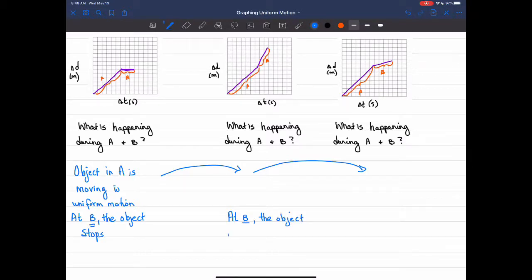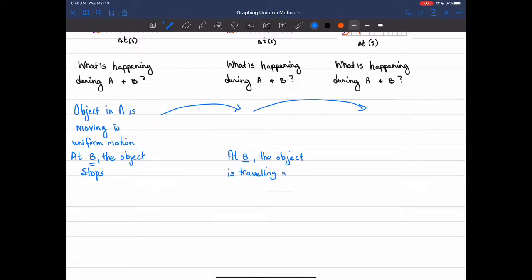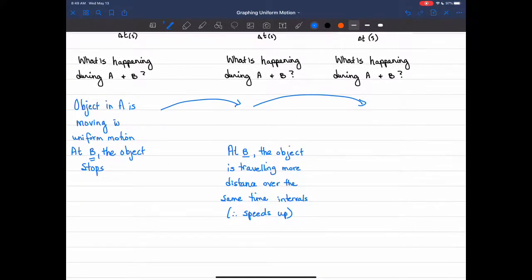So the object is traveling more distance over the same time intervals, and therefore we can say that it speeds up. Okay.